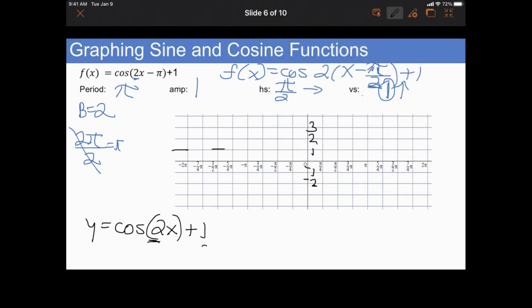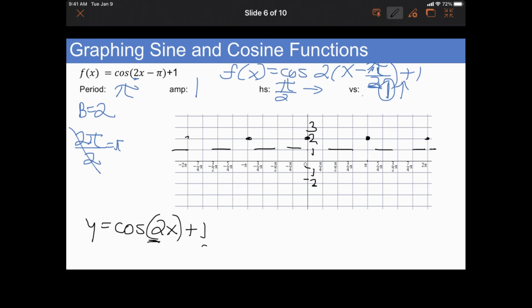It's going to be here. And 1 period is going to be from 0 to pi here. Okay, so that means we start up. Because we're shifting up 1, we usually start at 1, but we're going to start at 2. And we're going to end here.